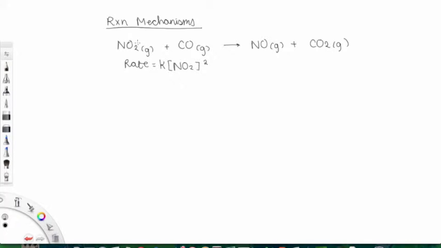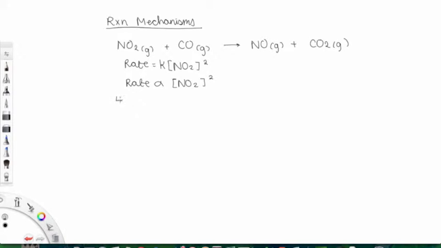So what's the reaction mechanism? Well, we know that the rate is proportional to NO2 squared. So the reaction most likely involves 2 NO2 molecules colliding to form either the product or an intermediate. And since 2 NO2s cannot form NO and CO2 since there's no carbon involved, there must be an intermediate species.